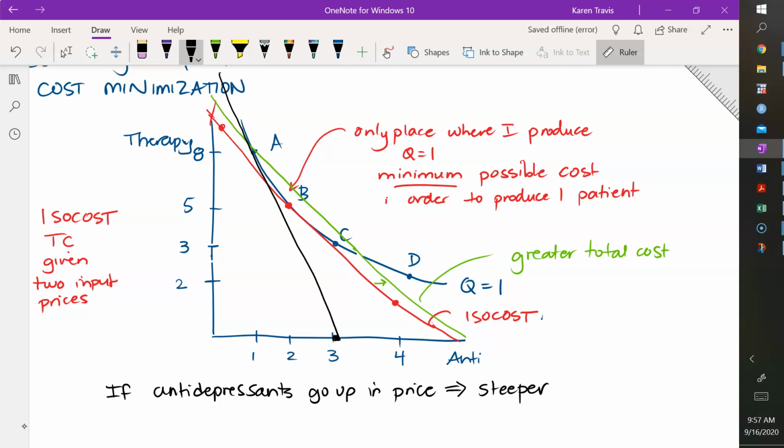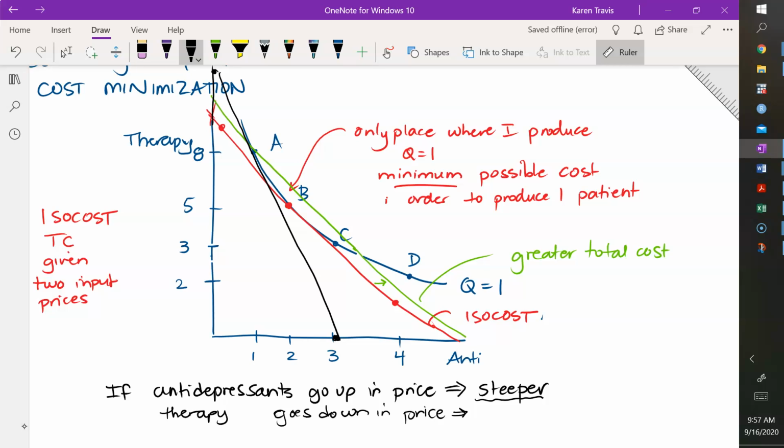And the one I've actually shown here is it got steeper because there is a higher price of an antidepressant, but it can only reach all the way up here if the therapy also got cheaper. So let's say therapy goes down in price. One reason therapy could go down in price might be through some kind of telemedicine.